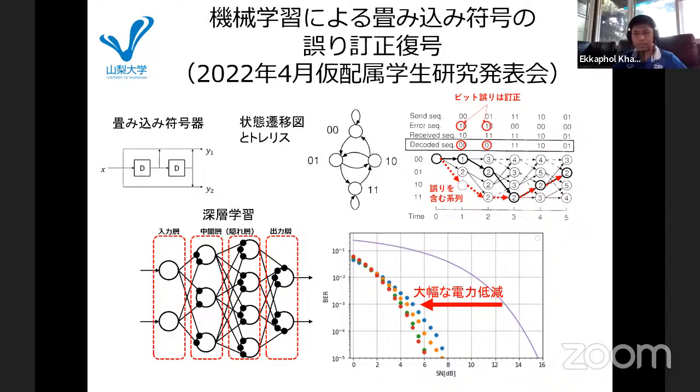My homework for you is convolutional coding and bit decoding. Bit decoding, I write.